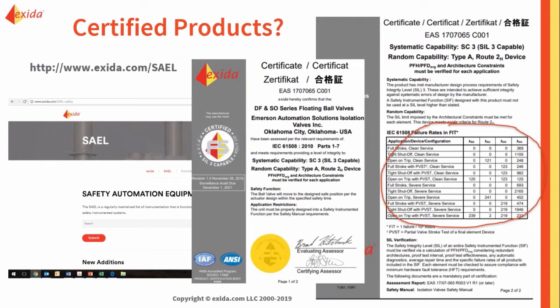If you don't have a certificate on hand, you can easily look on the SAEL website and search the different types of devices you're looking for, or the manufacturer, or the name, and you can simply pull up those certificates.